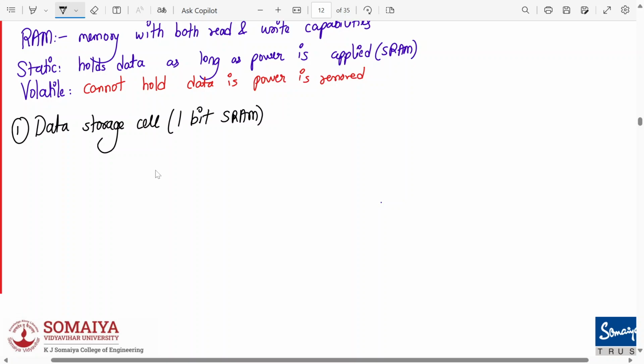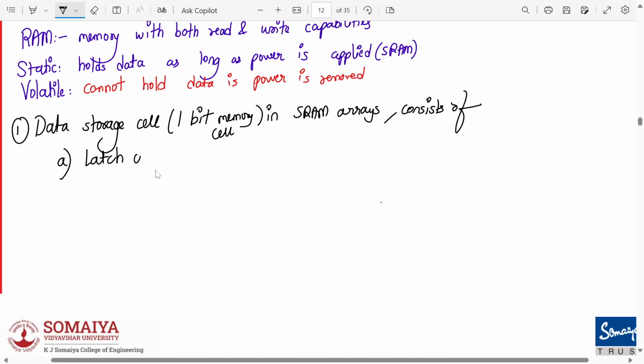So the data storage cell in SRAMs, or 1 bit memory cell, consists of a latch circuit, a latch circuit with two stable states. Now let's see how a latch looks.